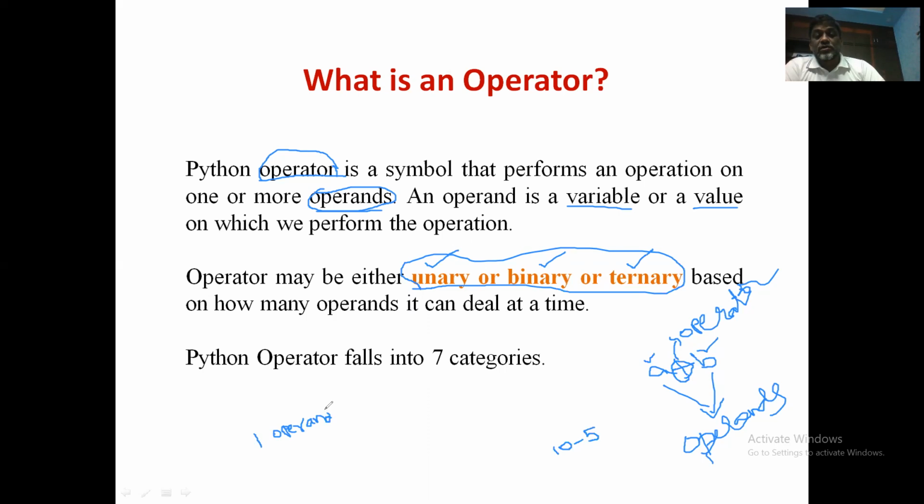Similarly, if any operator is dealing with two operands at a time, then we call it a binary operator.